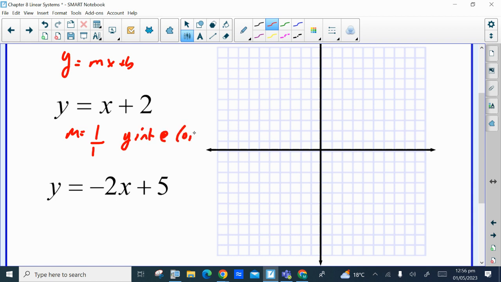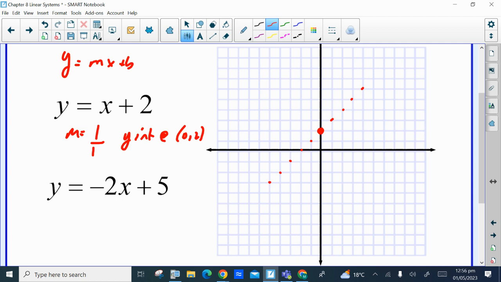Now remember, this is where the graph crosses the y-axis. You don't go left or right to get to a place on the y-axis, which means x is 0. So the point 0, 2 is where we start, always. Start with our y-intercept, and then we apply our slope multiple times, which is rise 1, run 1. You could also rise -1 and run -1.